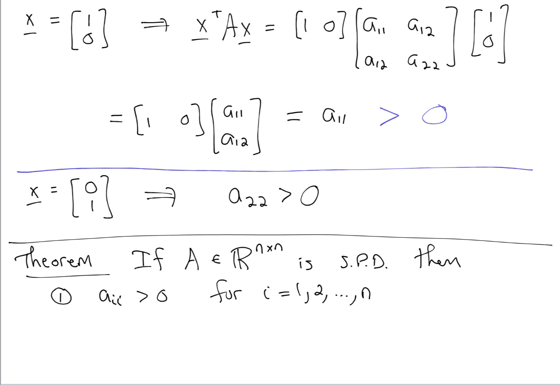So all the diagonal entries are positive. And we also have the absolute value of Aij is less than Aii plus Ajj times a half.